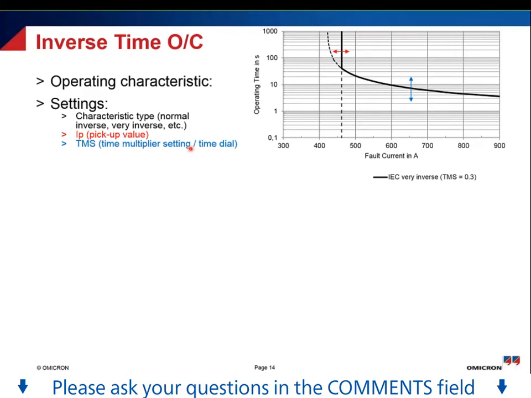There are many different names for this. Those two influence the position of our characteristic. With a change of the pickup value, my characteristic shifts from left to right, and with a change of the time multiplier setting, the characteristic is shifted up or down.